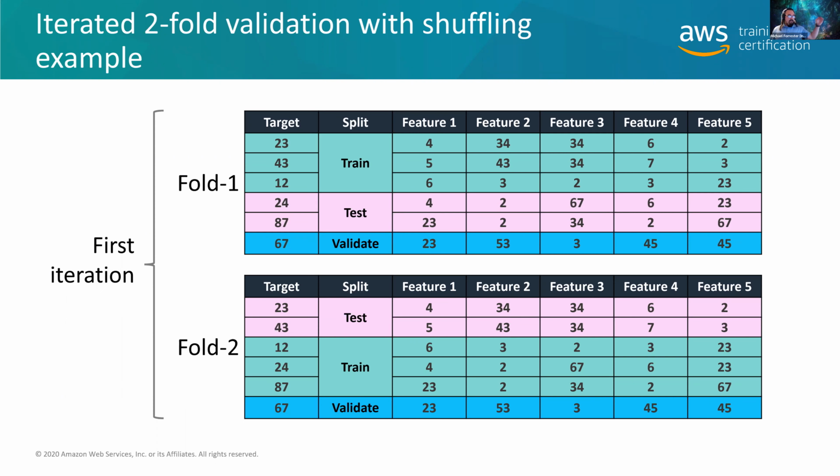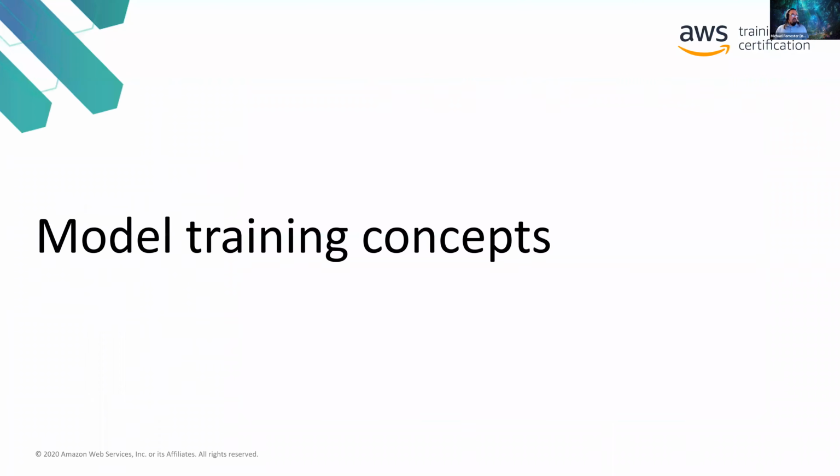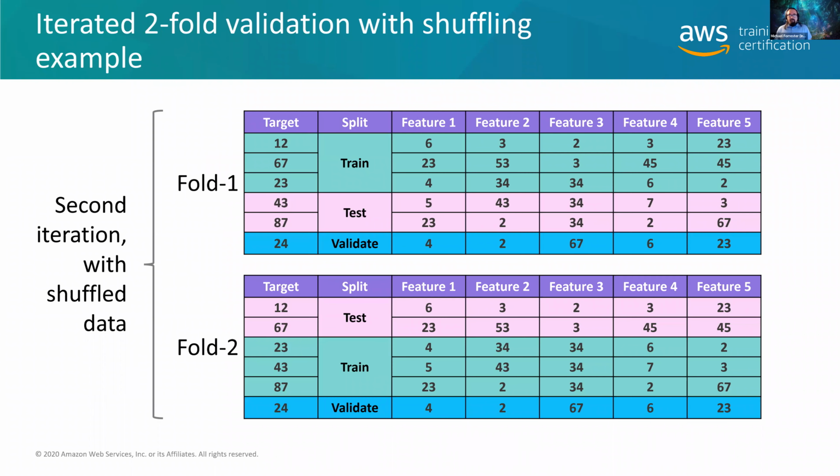So now instead of 23 to 67, we're now running 12 to 24. And notice that there are different sets of training, test, and validate data sets. So we've shuffled our rows, we shuffled our data around. Cool. Any questions about that?